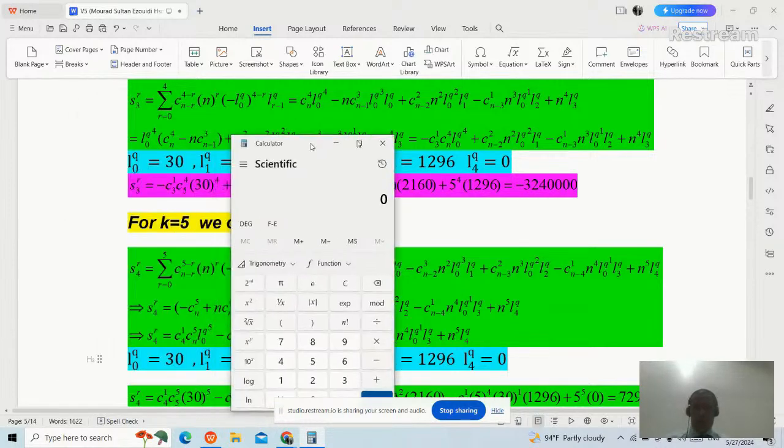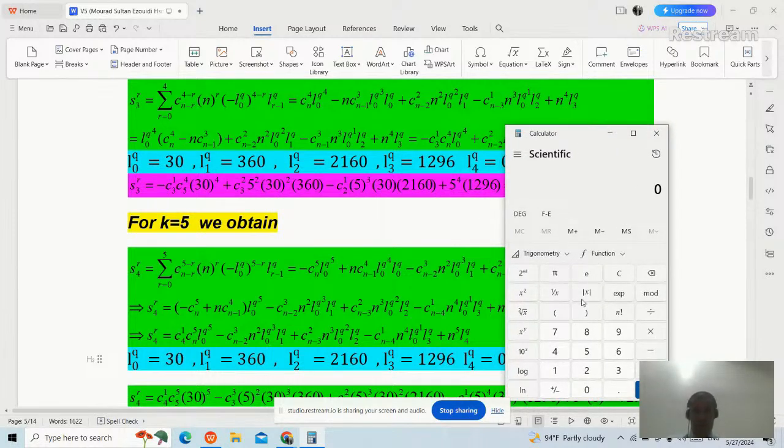We have negative 3 times 5 times 30 raised to the power 4, plus 3 times 5 squared, multiply by 30 squared, multiply by 360, minus 2 times 125 because 5 cubed, times 30, times 2160.